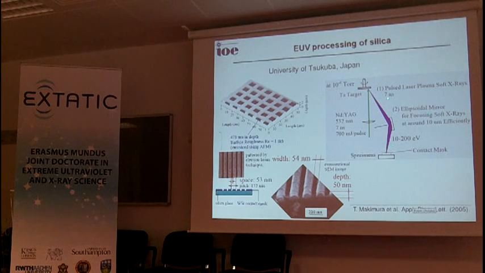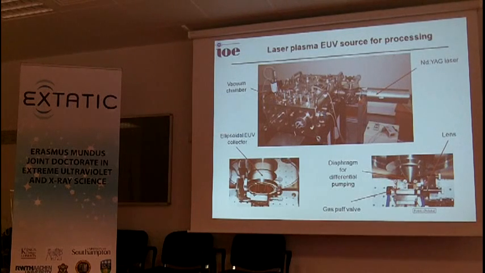They are using an ellipsoidal mirror for the focusing of X-rays, or EUV rather, because it is around 10 nanometers. So they produce such nanostructures in silica, but now they are also using this technology for processing polymers. And the third group is our group.